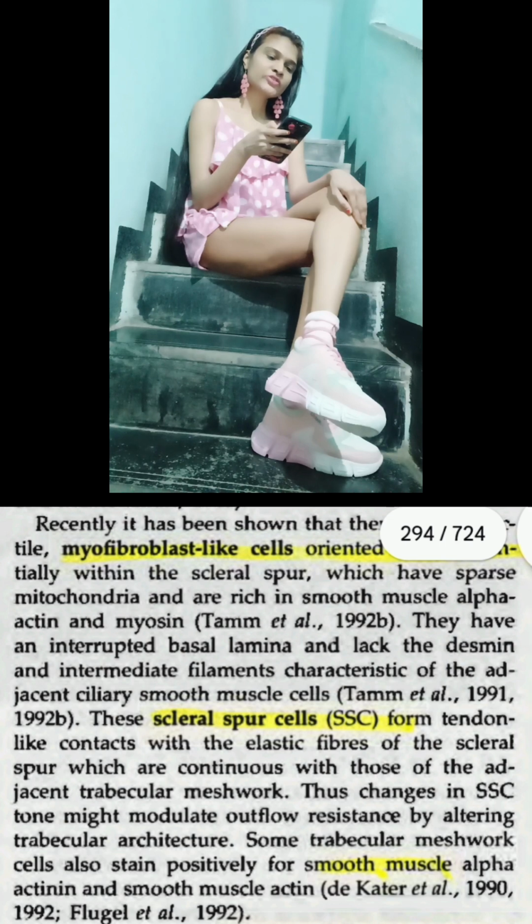They have an interrupted basal lamina and lack the desmin and intermediate filaments characteristic of the adjacent ciliary smooth muscle cells. These scleral spur cells form tendon-like contacts with the elastic fibers of the scleral spur, which are continuous with those of adjacent trabecular meshwork.